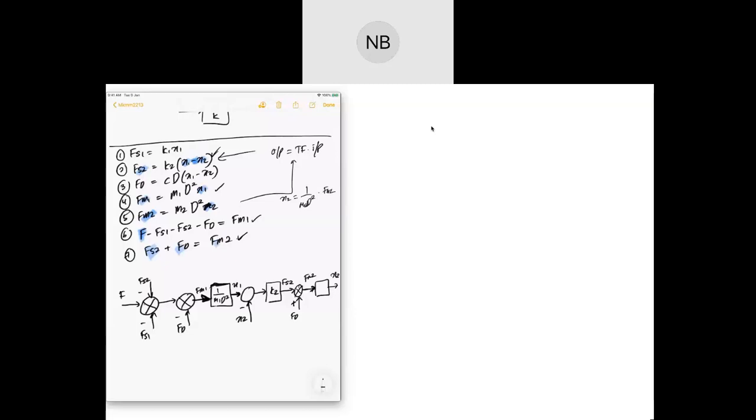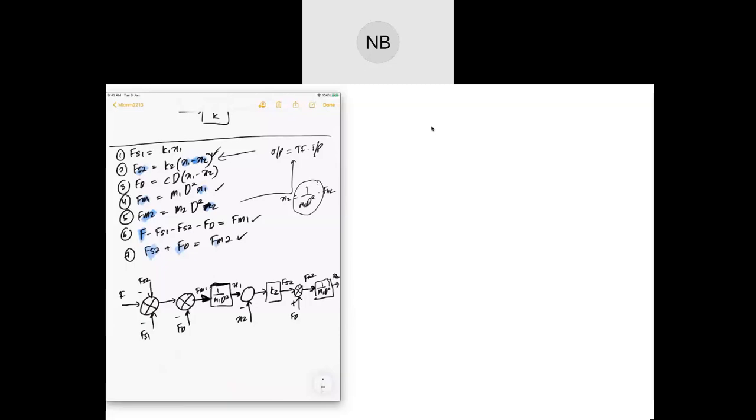When I rewrite that, automatically my transfer function becomes 1 over m2d squared. Let me try to get this written nicely. But I'm sure you're taking notes, right? This is m2d squared, and the output here is x2.